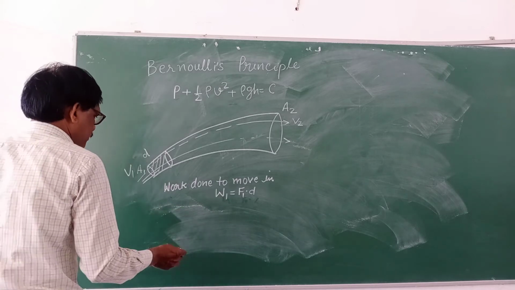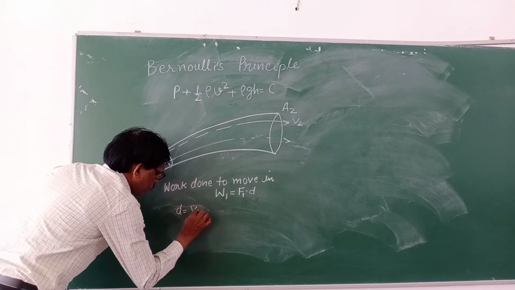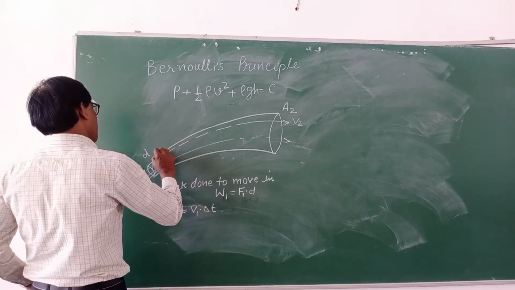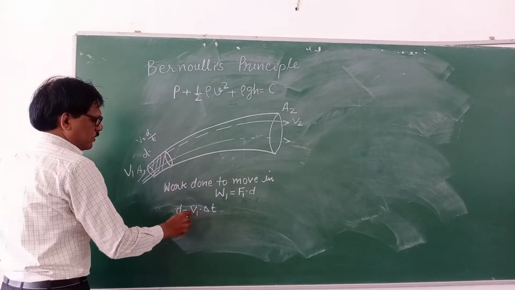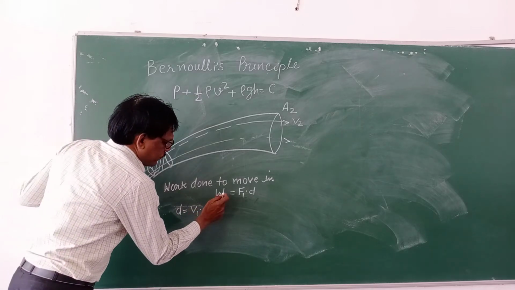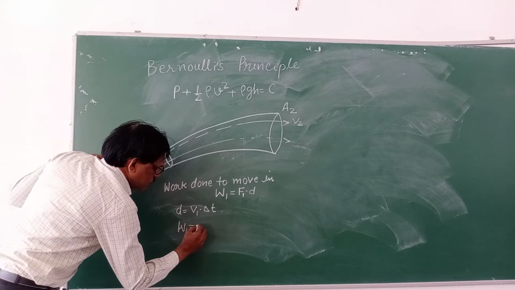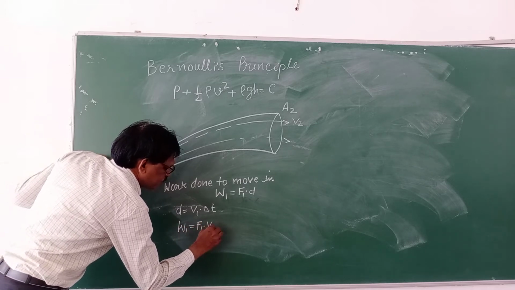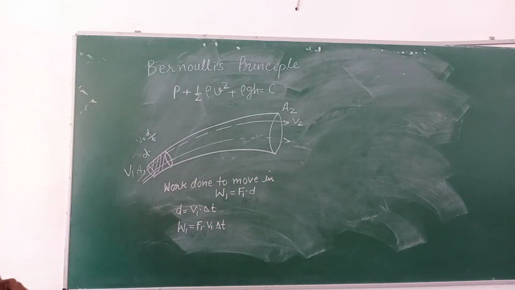The distance is equal to V1 into delta t, because liquid is flowing, so velocity equals distance upon time. So work done will be force F1 dot V1 into delta t. Equation 1.